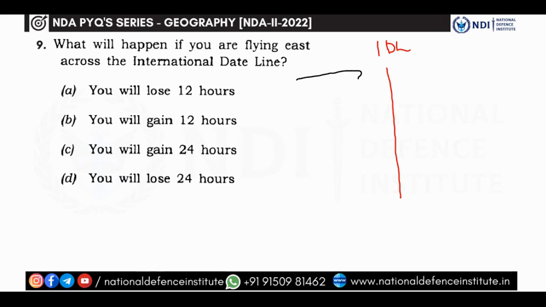For example, this is North America. This will be on the left side. You will be having America here, and you will be having Asia on the eastern side.